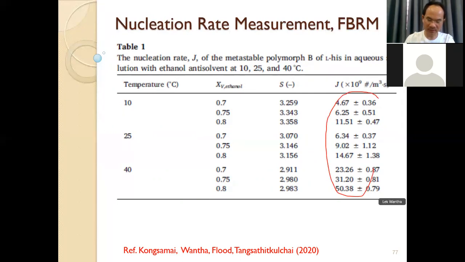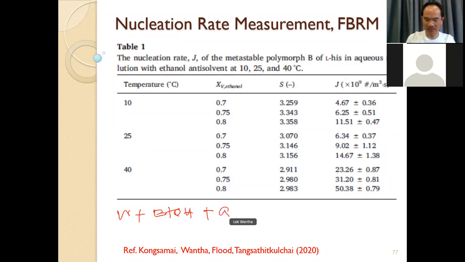It's a function of temperature, and also a function of the ethanol, or anti-solvent. For this case, we measure the nucleation rate of amino acid in water and in another solvent. We have three components: water plus ethanol plus amino acid.